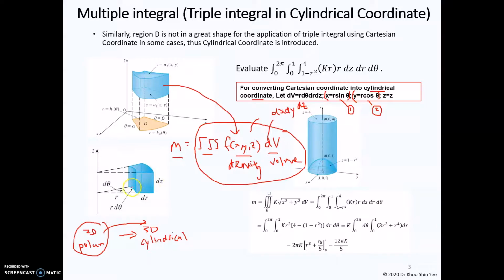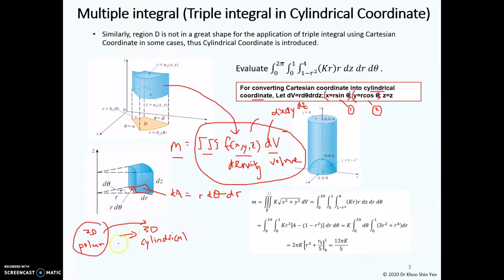And also you have the differential area over here, where the area is equal to r d angle, which is the width here, multiplied with the dr.